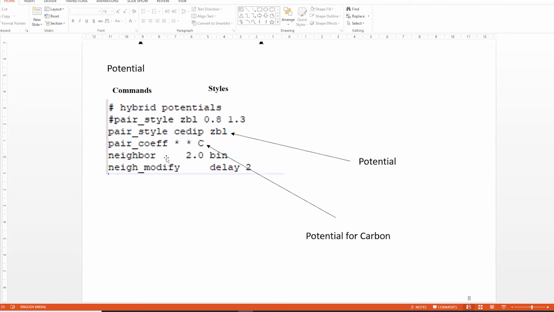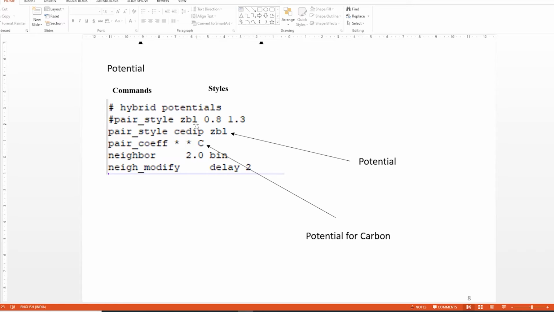Now for any simulation you need to select an appropriate potential. Okay, that is the force field. LAMMPS has many potentials. I am taking EDIP, that is the environment dependent interatomic potential, which is not there at present for carbon in LAMMPS.